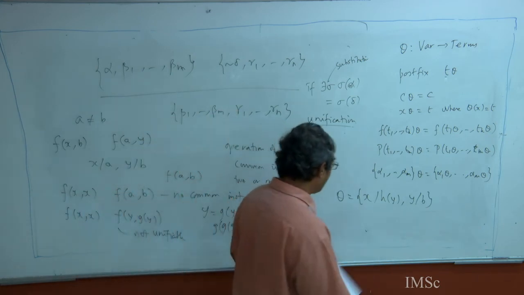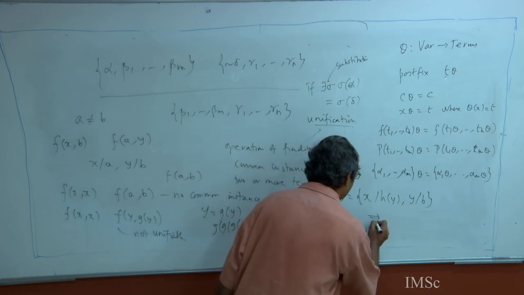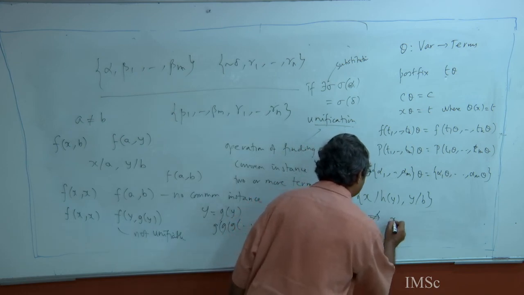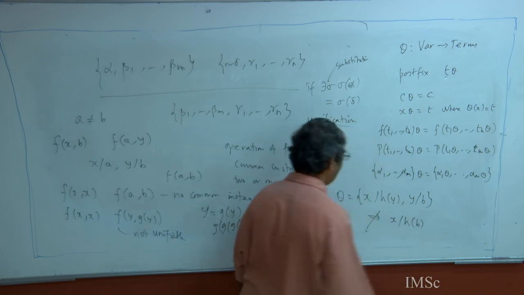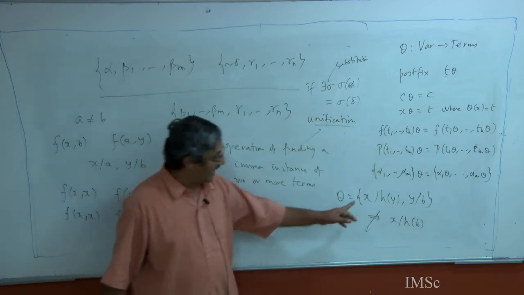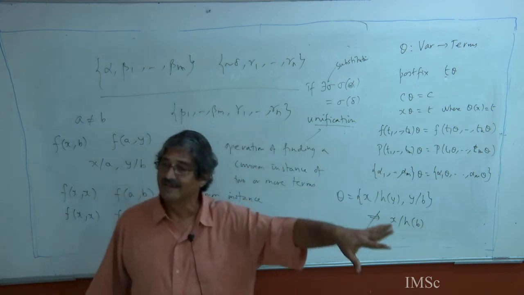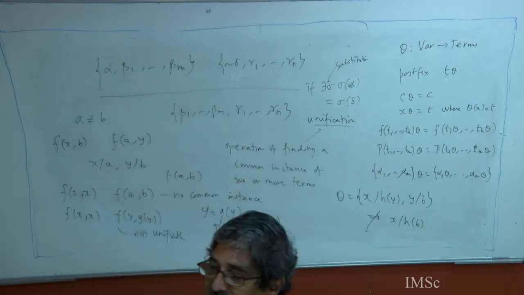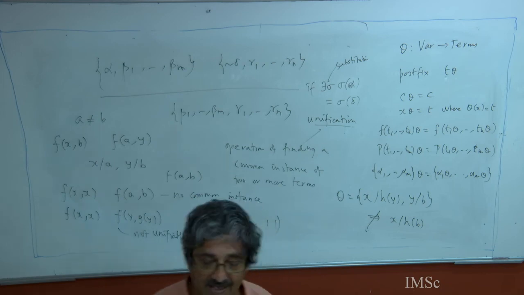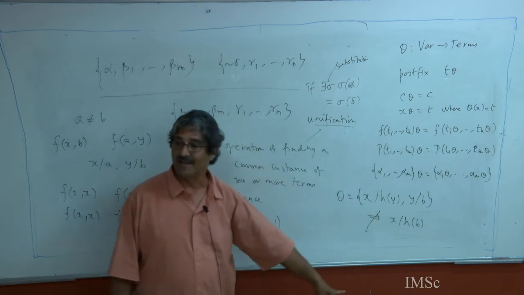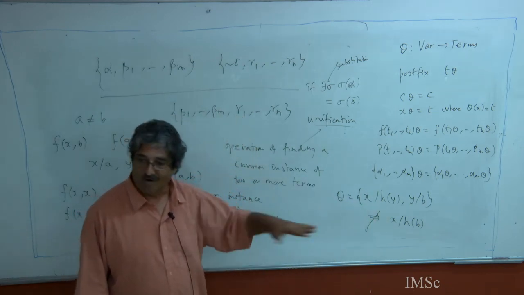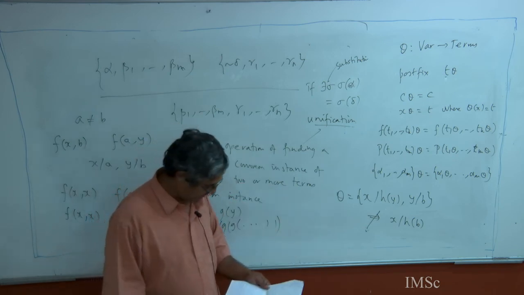Then this does not mean x is mapped to h(b), right? No. Wherever x comes in the original term, you replace it by h(y). If you see y, replace it by b. It doesn't mean that you apply this further. All the applications are simultaneous.